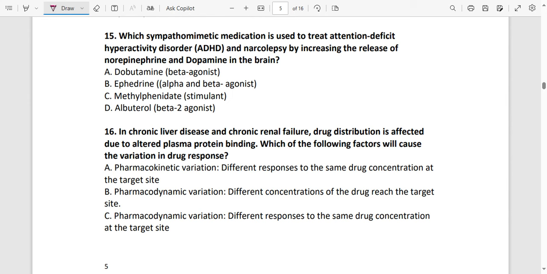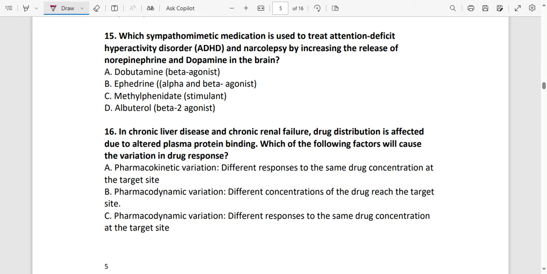So methylphenidate increases dopamine and norepinephrine. It blocks the reuptake of these two neurotransmitters, and you know their importance in attention, in activity, and in sleep. That is why it is the one that we are using. These other guys are adrenergic receptor drugs.